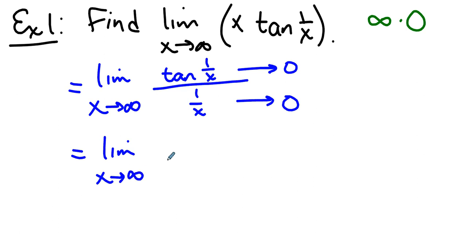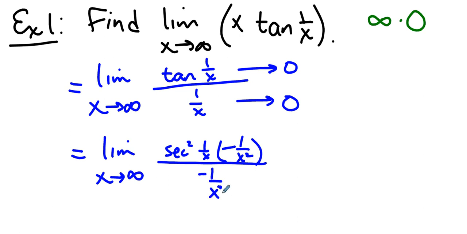L'Hopital's rule says we take the derivative of the numerator, the derivative of the denominator, try again. Derivative of tangent something is secant squared of that something times the derivative of that something. The derivative of 1 over x is negative 1 over x squared. The negative 1 over x squareds drop. As x gets larger and larger without bound, this angle gets closer and closer to 0.